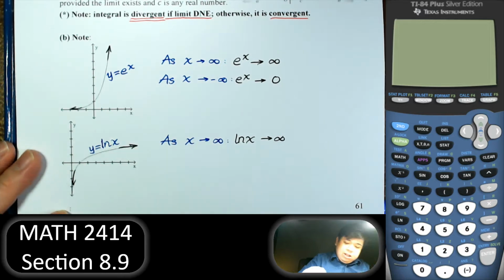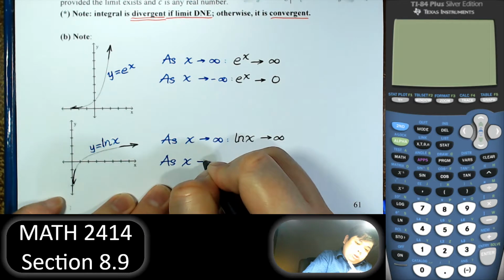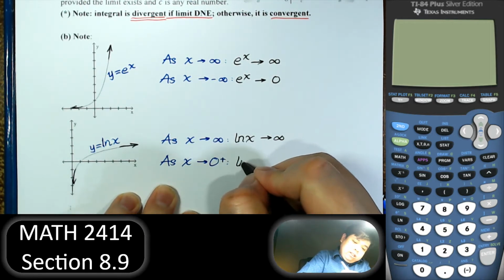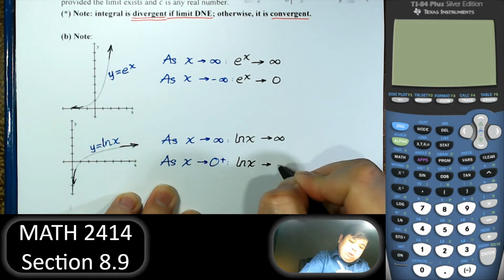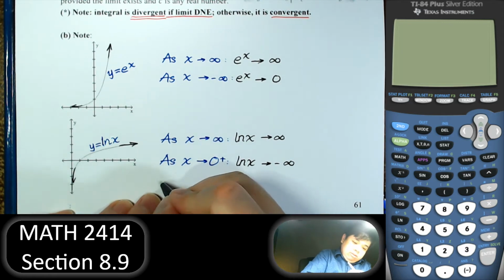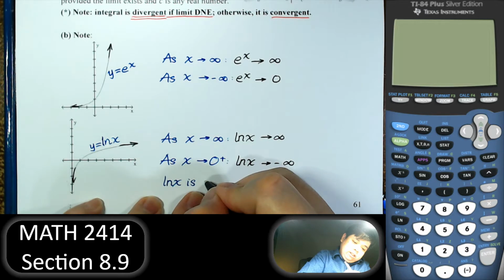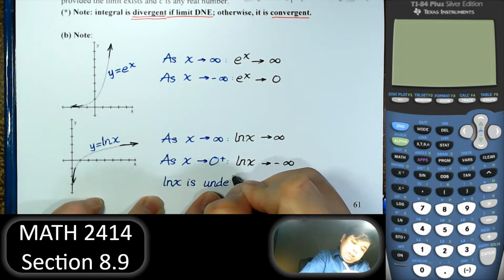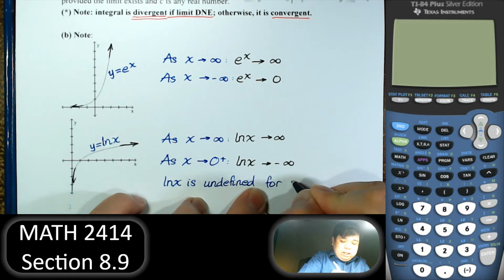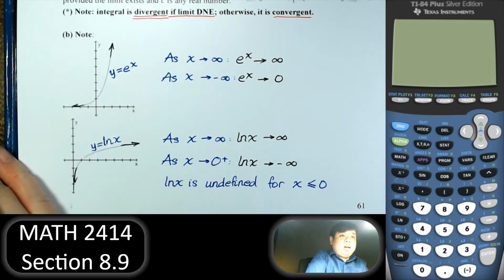And now, as x goes to 0 from the right-hand side, ln of x goes to negative infinity. Note that ln of x is undefined for x less than or equal to 0, so it is undefined on this side.